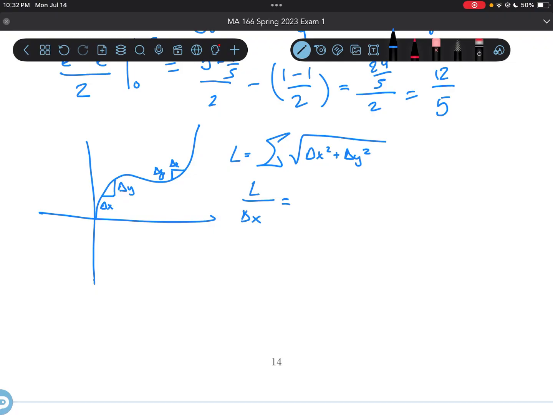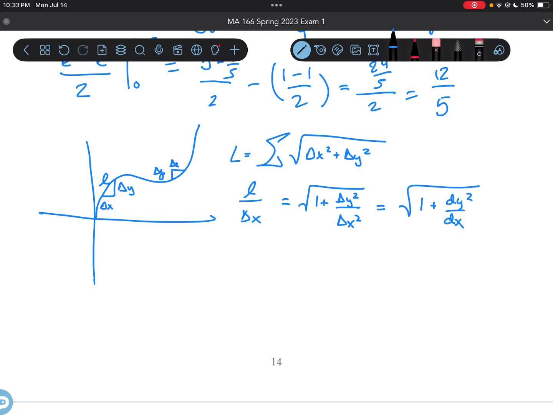So for just one tiny length, I get the square root of 1 plus delta y squared over delta x squared, and as dy and dx become tiny, I get 1 plus dy/dx, or f prime of x, squared.